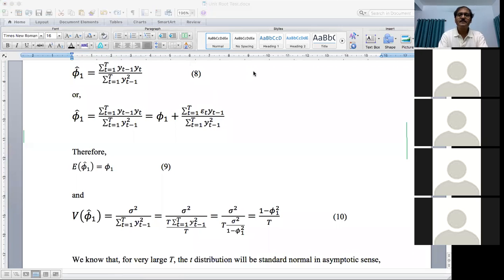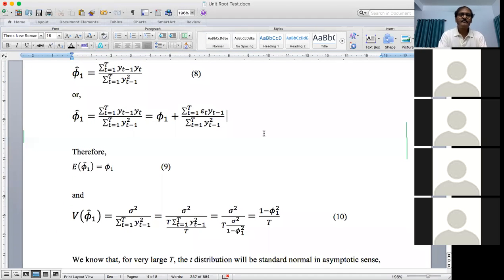Beta hat is equal to beta plus the sum of xi into ui divided by the sum of xi square in a simple linear regression model.